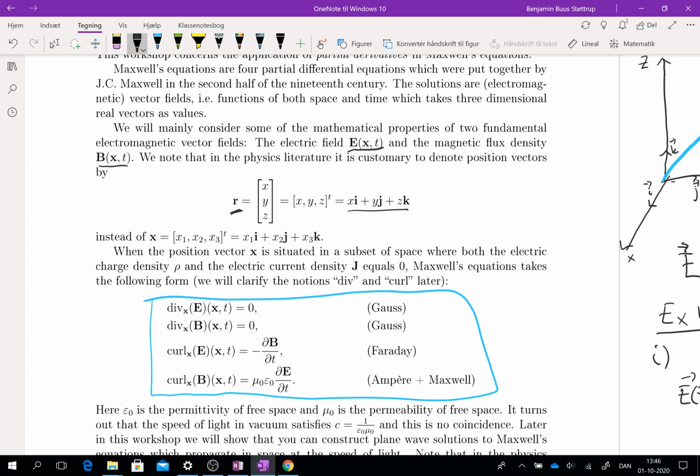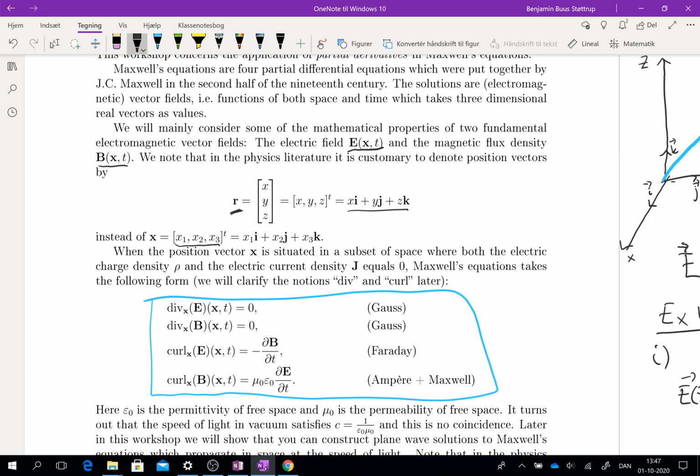So we have x times i, where i is the first standard vector, y times j, where j is the second standard vector, and z times k, where k is the third standard vector. And actually for this workshop we will, instead of x, y, and z, use x1, x2, x3.